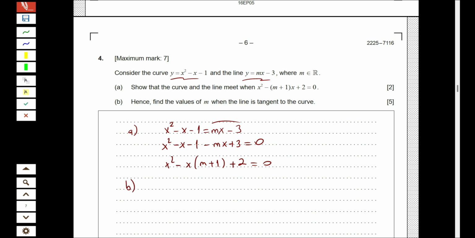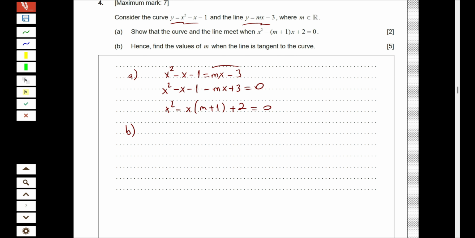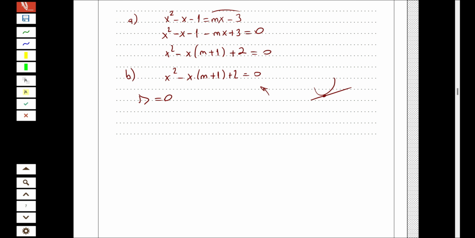Part B, hence find the values of m when the line is tangent to the curve. We will check this equation: if the line is tangent to the curve, there is one solution of this equation, right? Which means delta equals 0, the discriminant equals 0. So what is delta?